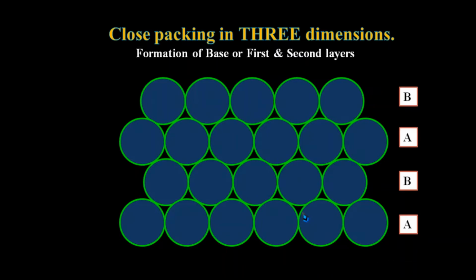To obtain a three-dimensional crystalline structure, more layers are to be built on the first or the base layer. This is our base layer or the first layer, and for three-dimensional arrangement we place more layers above it one by one.